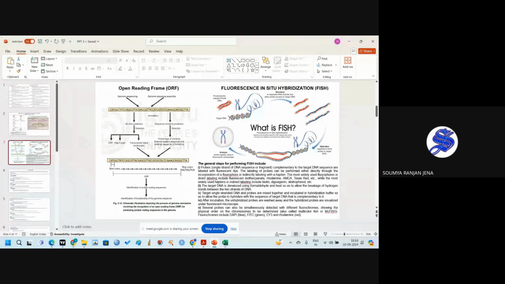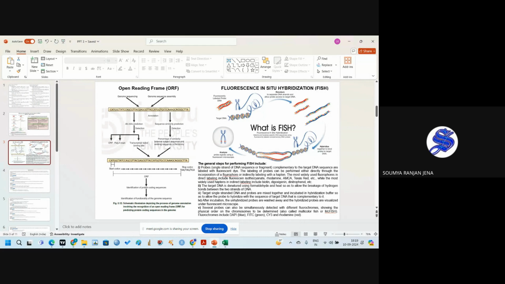The most widely used fluorophores in direct labeling include fluorescein isothiocyanate, rhodamine, AMCA, Texas Red. These are called fluorescent dyes. While the most widely used haptens in indirect labeling include biotin, digoxigenin, and dinitrophenol.